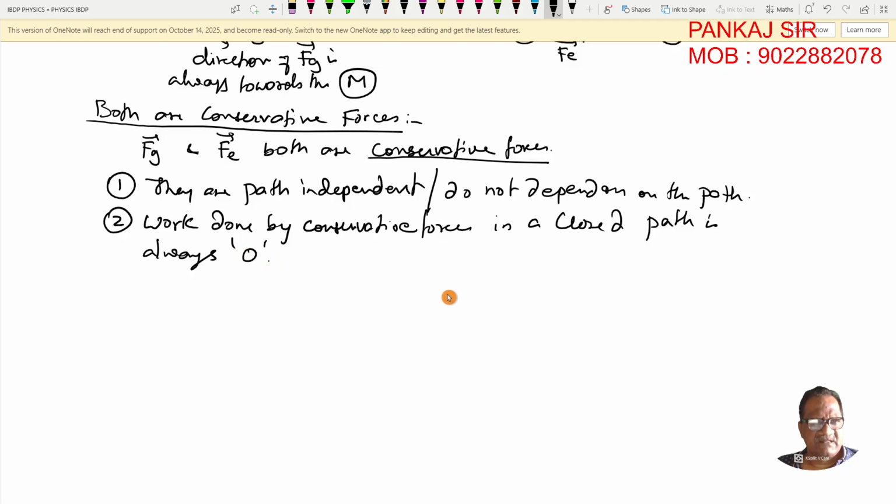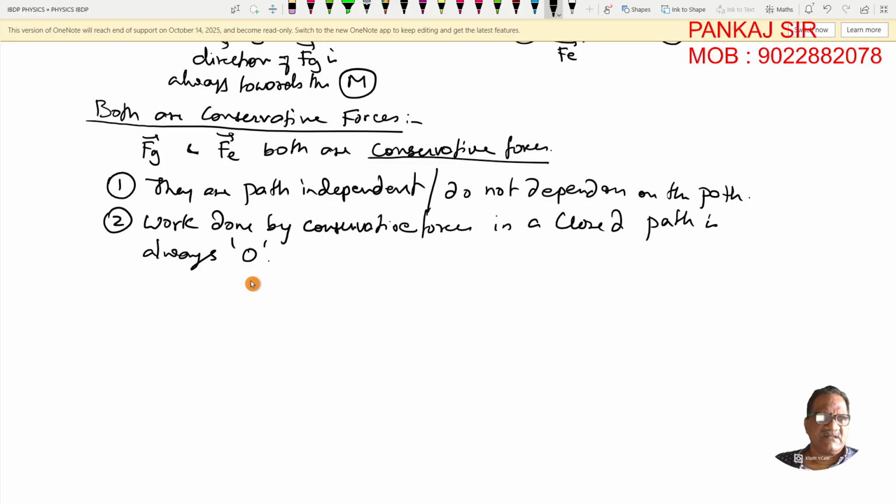These two properties of conservative forces are very important. Let me explain this property in a little more detail, so that it will help you further when I explain the derivations of the field and the field strength and all that.